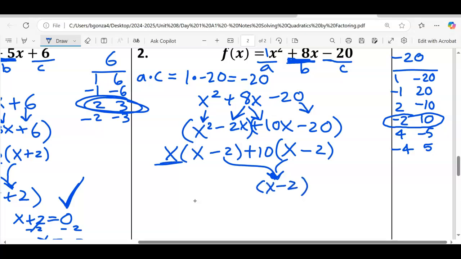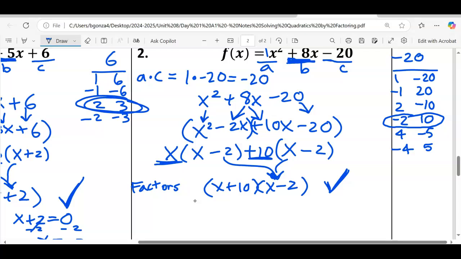And then I'm going to take the coefficients x and plus 10, and it's going to become its own parentheses, x plus 10. When you get to this position, that is great. That is called factoring. Those are the factors of the original trinomial.